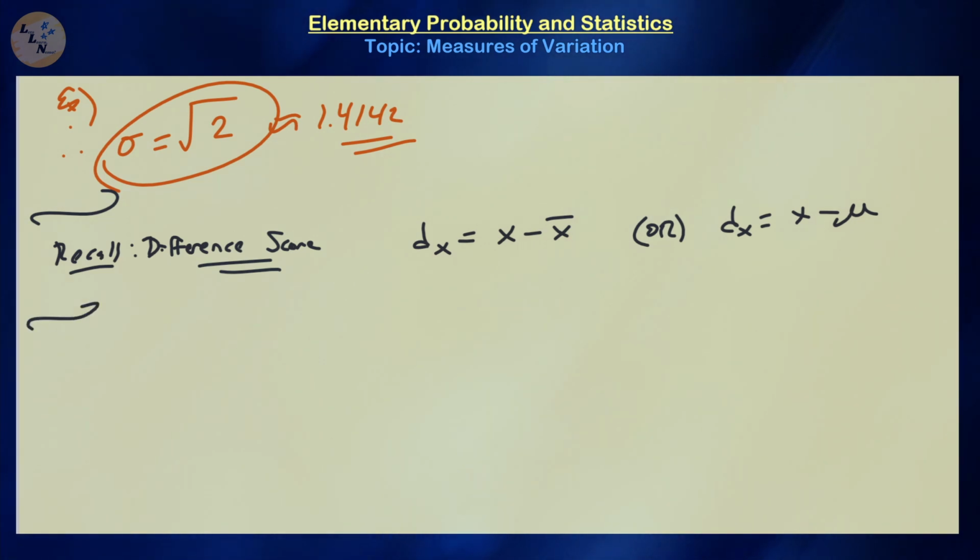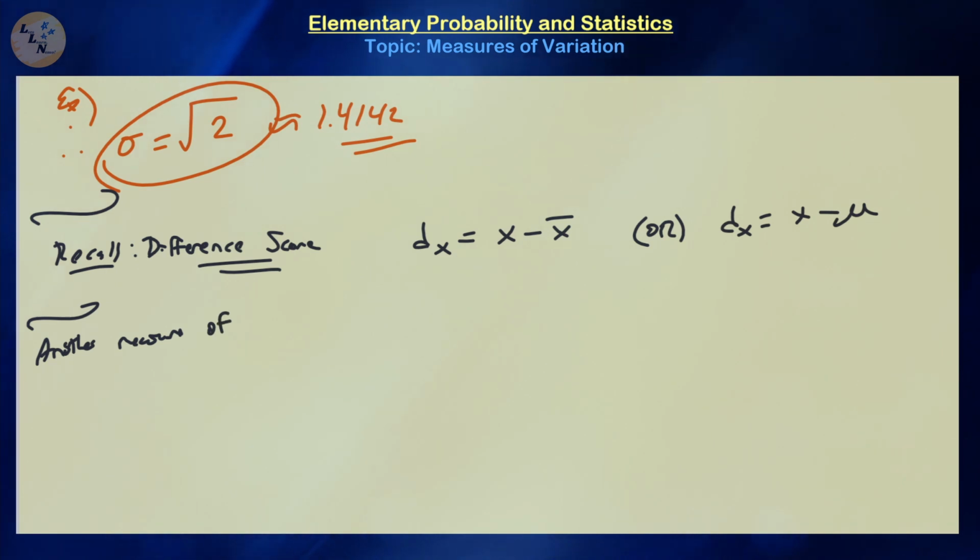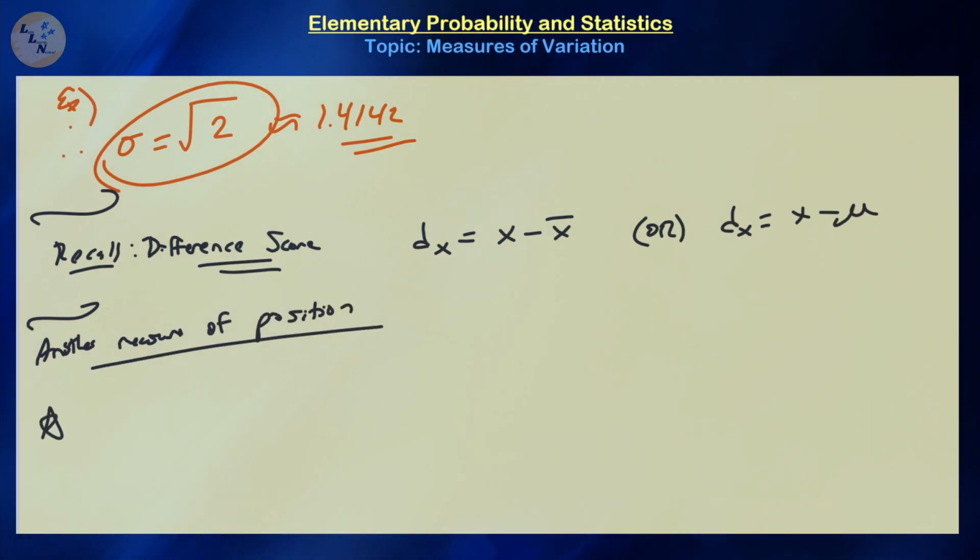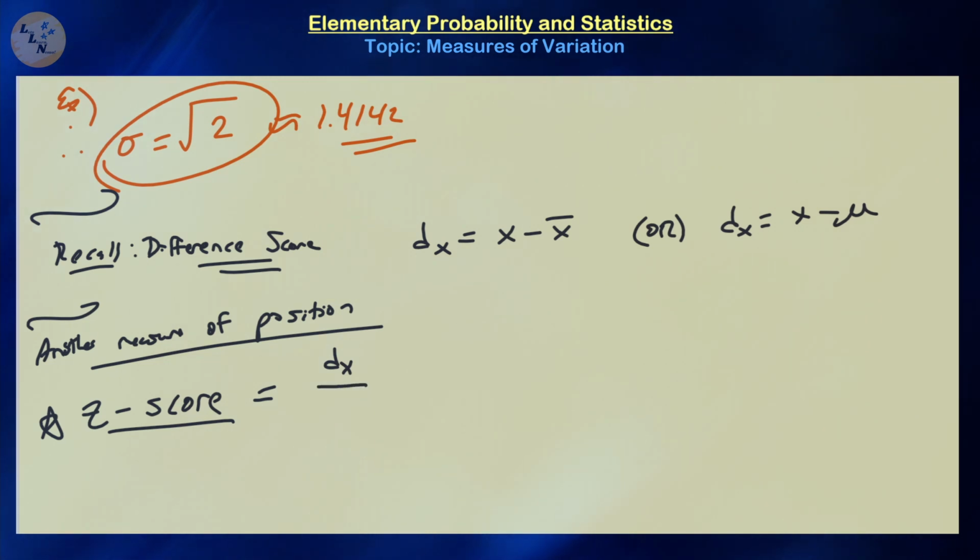So another measure of position that we can add to our list is what we call a z-score. A z-score is defined to be equal to the difference score divided by the standard deviation. So dx over s for a sample, or dx over sigma for a population.